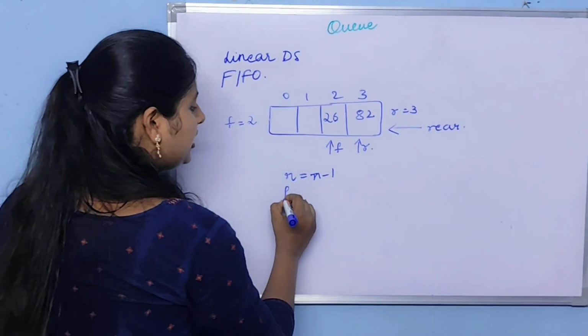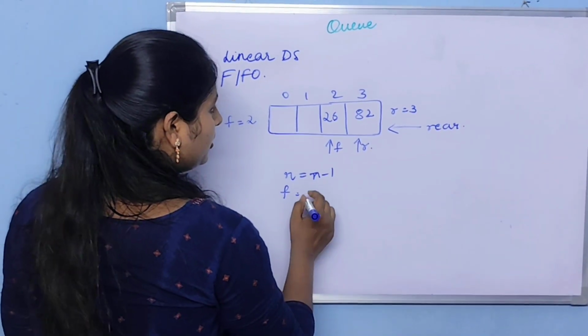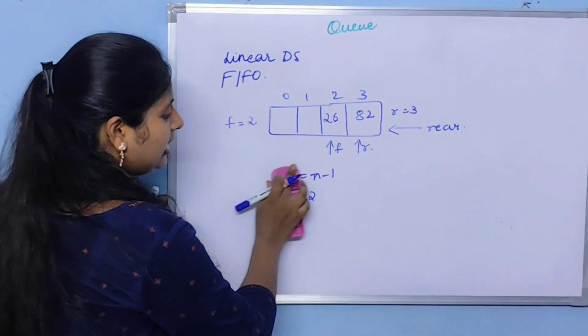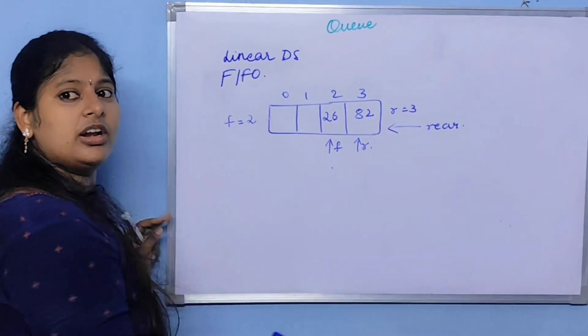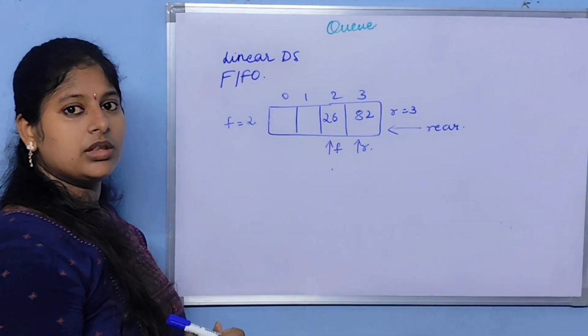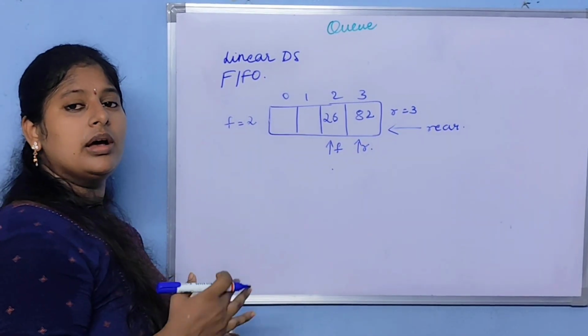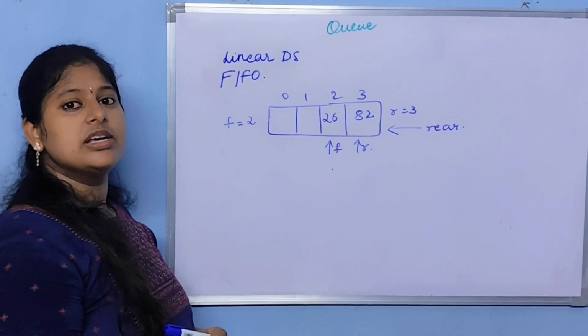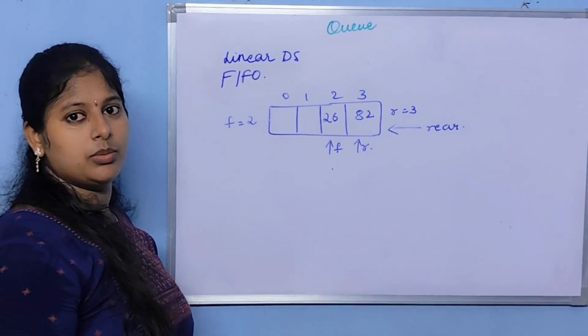It won't check front equals 2 or something like that. It will only check rear equals n-1 for insertion, that means the enqueue operation. Now, this is the problem with the queue. So we move to the concept of the circular queue to overcome this problem.